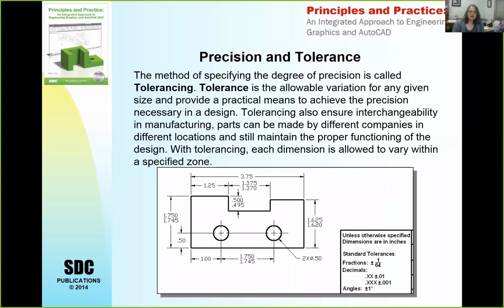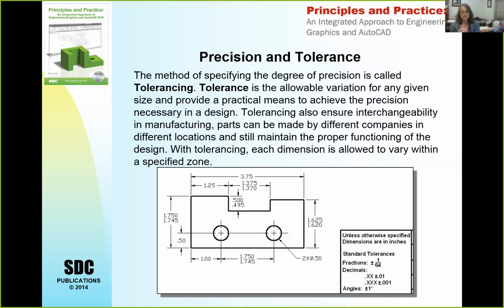So let's talk about precision and tolerance. Precision is really an indicator of how close to a specified measurement a feature of a part needs to be. If you're thinking about target shooting, precision is how close to the bullseye you are.